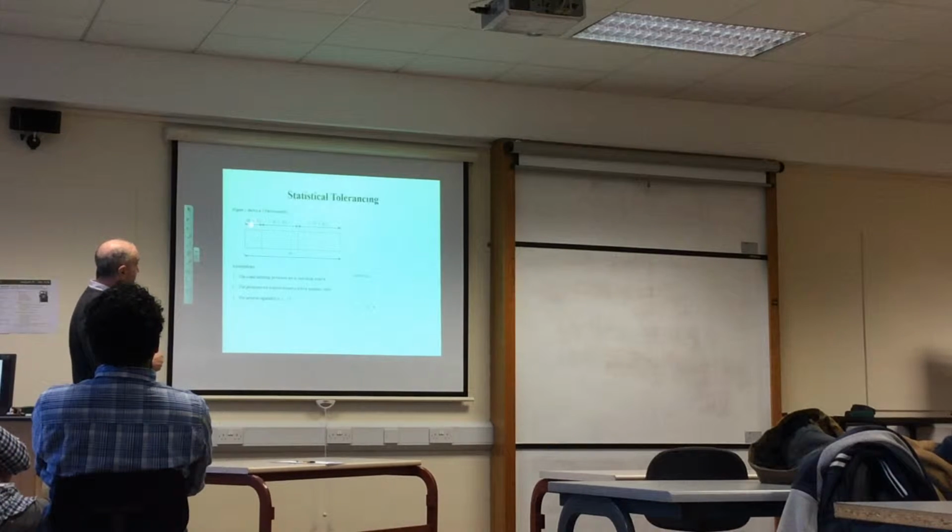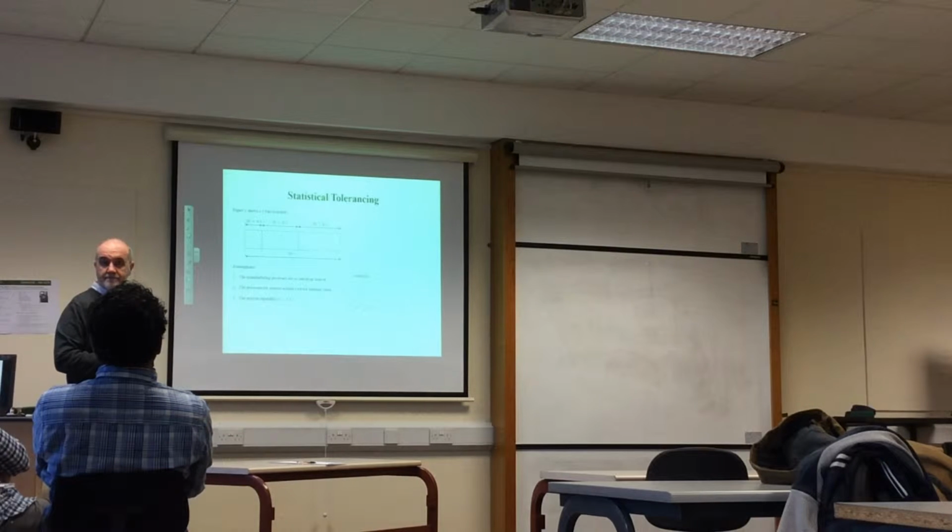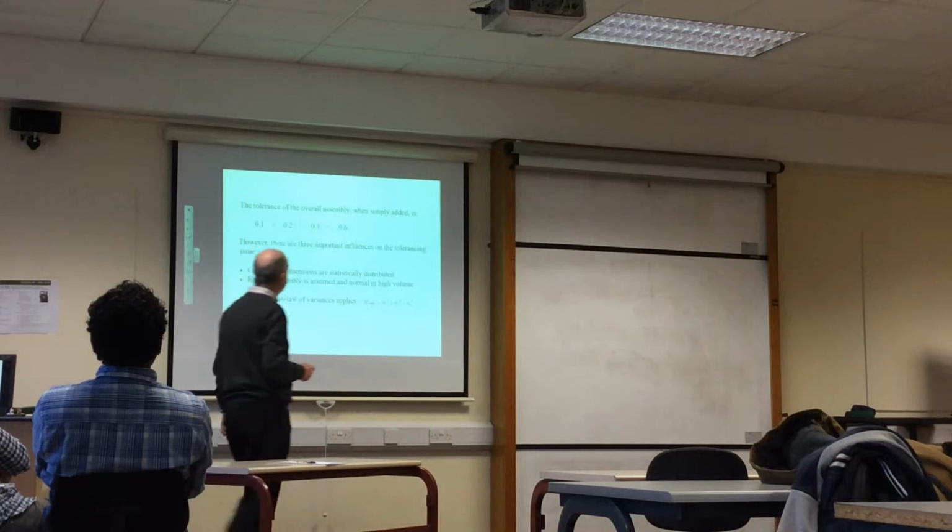It would mean that if this was 10.1, 20.2, and 30.3, that would be 60.6, wouldn't it? So everything would be potentially within that complete range. So at first hand, it looks to be sensible.